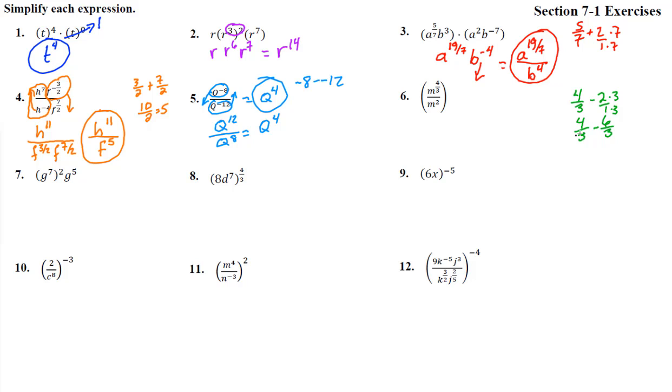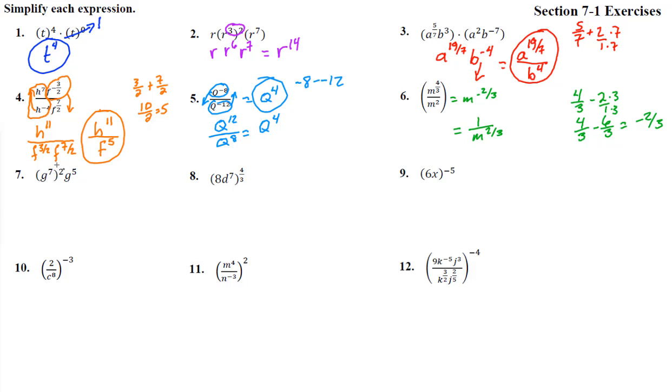So 4/3 minus 6/3 is a -2/3 power. So this is going to equal m to the -2/3 power. And what does a negative exponent do? Puts it on the bottom. So this is 1 over m to the 2/3 power. Negative exponents are not considered simplified, so you should either evaluate them or move them down to the other part of the fraction.